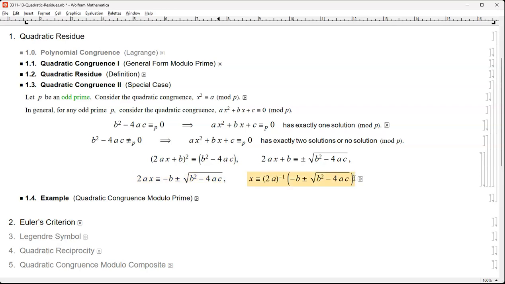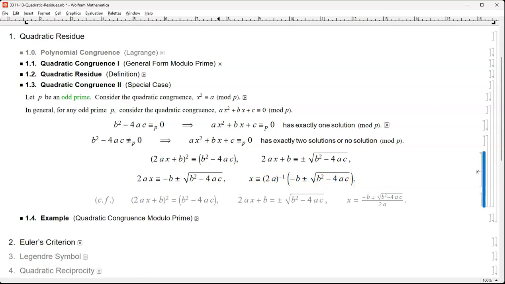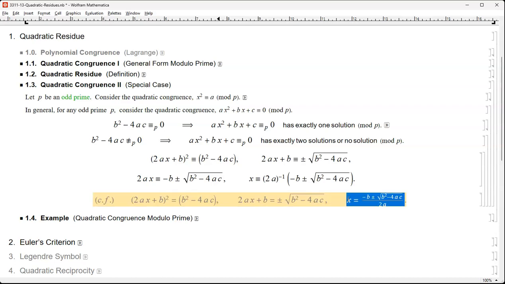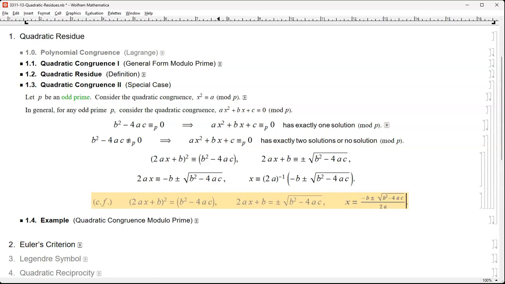Then we have this quadratic formula modulo p. And please check that it goes hand in hand with our old quadratic formula that's been going on from middle school at the very least, maybe even elementary school.